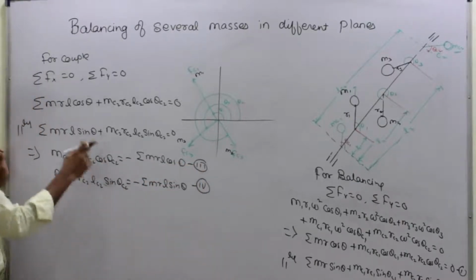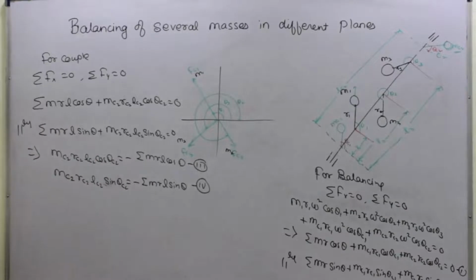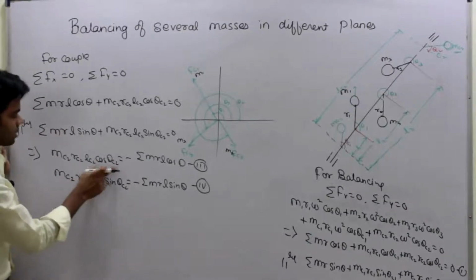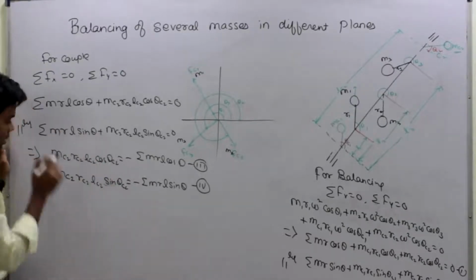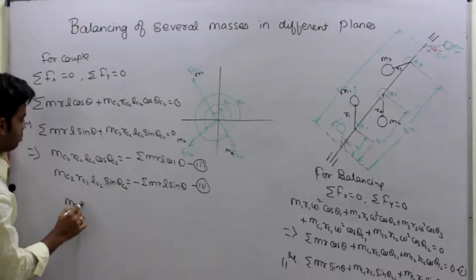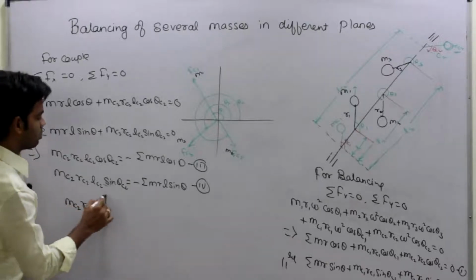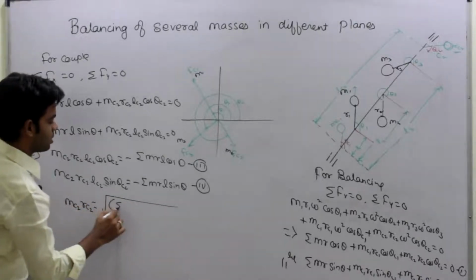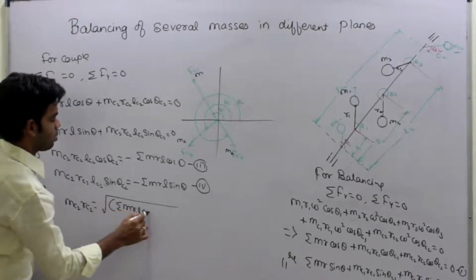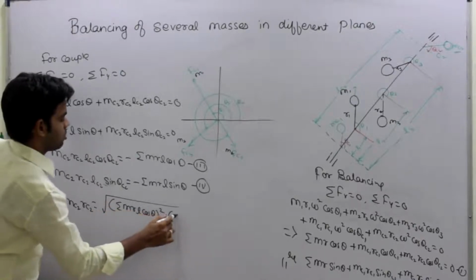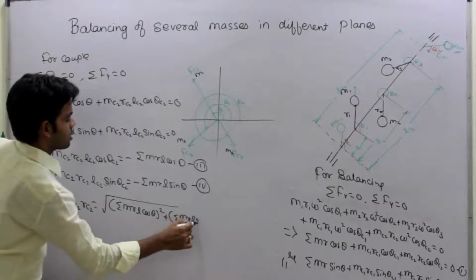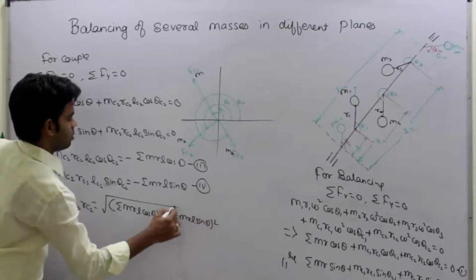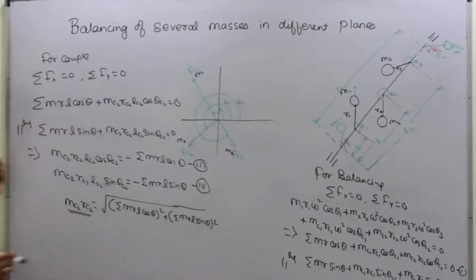Now squaring and adding equation 3 and equation 4, sin square theta plus cos square theta is 1, so mc2 rc2 lc2 will be equal to under root of summation of m r l cos theta whole square plus summation of m r l sin theta whole square. This is how we can determine mc2 rc2.